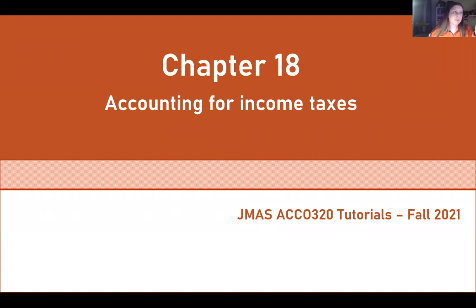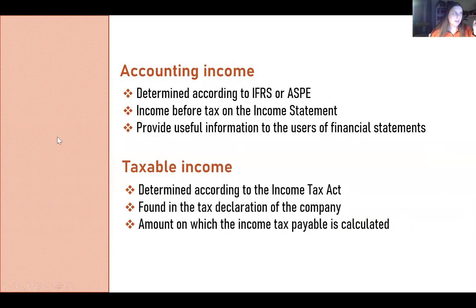So two words I'm going to be talking about a lot tonight, if I can switch my slide, are accounting income and taxable income. The accounting income is the income before tax that you've been calculating in 217 and in 310, the one that's determined according to IFRS and ASPE.